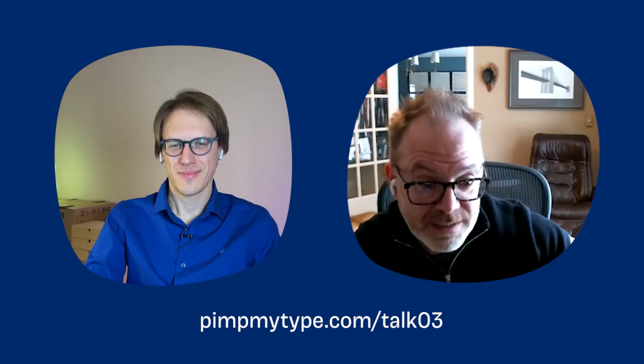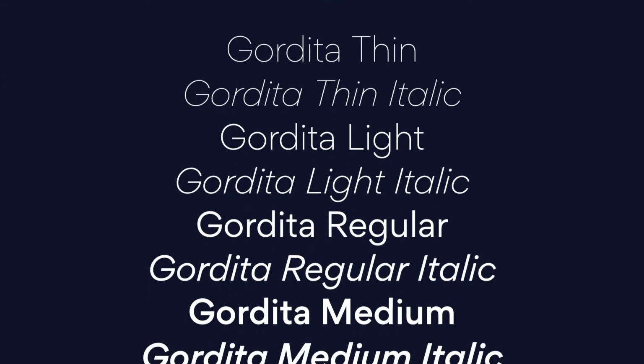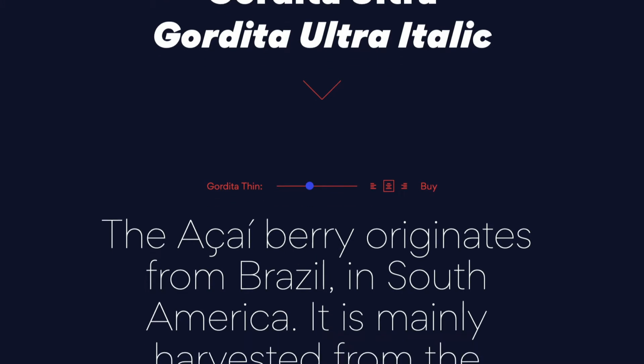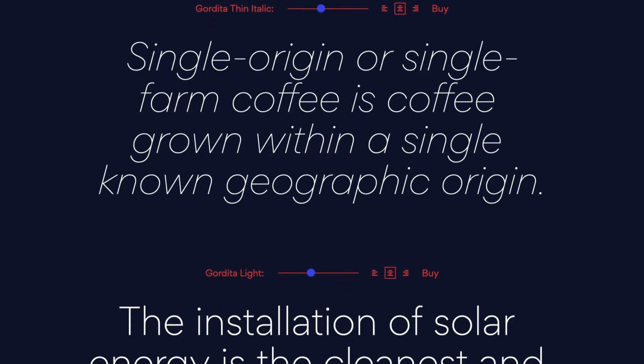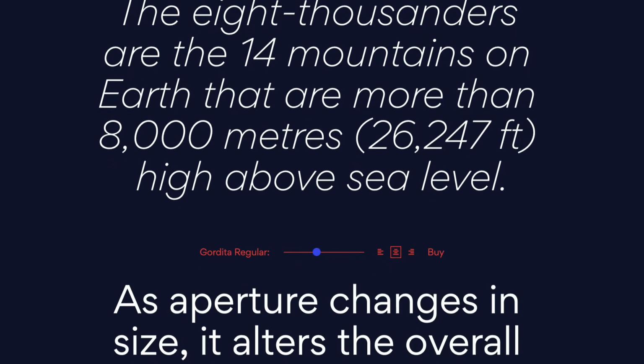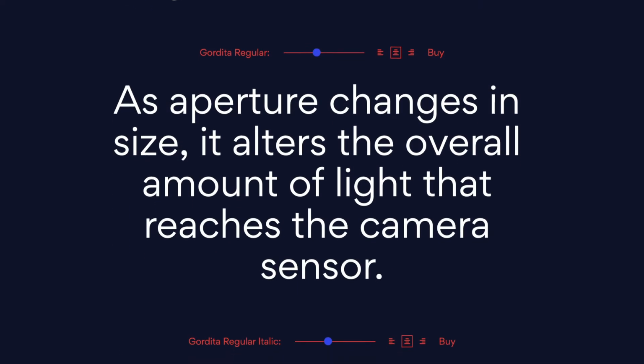But our brand typeface is Gordita by Type Atelier in Brisbane, Australia, and it's a much warmer sans, a humanist geometric blend, and it really has that warmth and character that is much closer to our brand identity.